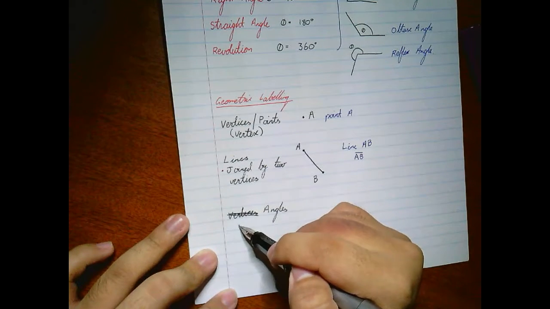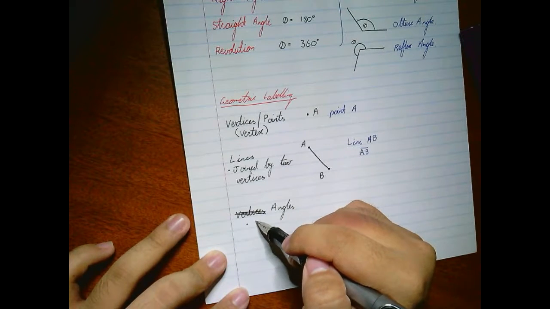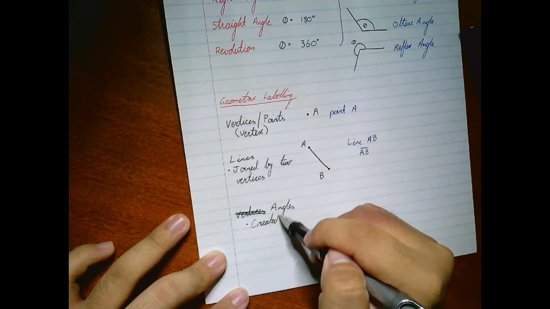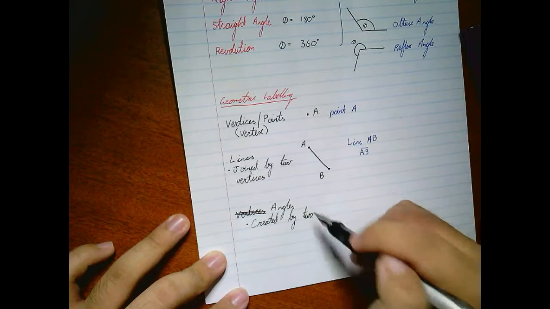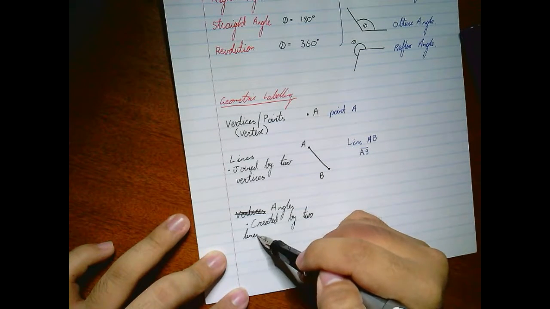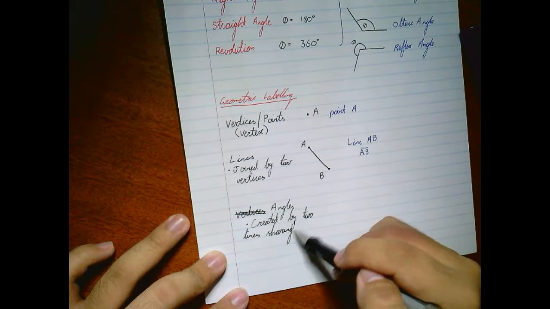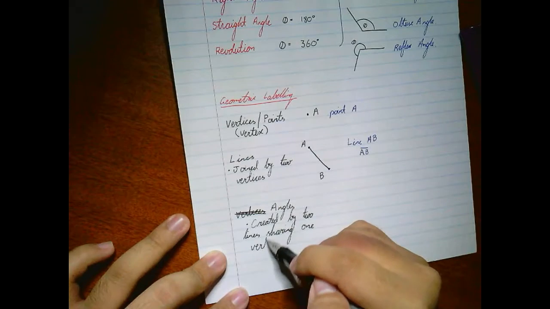So angles are created by two lines sharing one vertex.